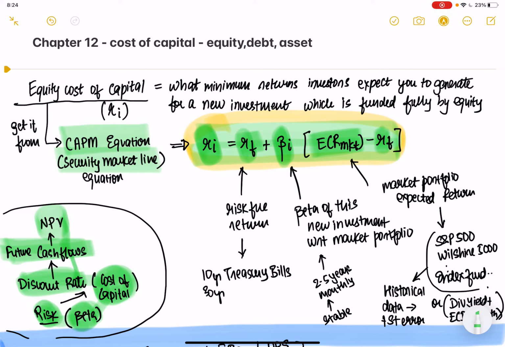The risk-free rate, you can assume the 10-year or the 30-year treasury bond yield to be your risk-free return, based on how long you're trying to borrow or invest. For beta, you want to find out for this new investment what its beta is with respect to the market portfolio.